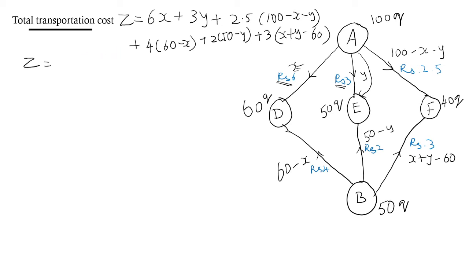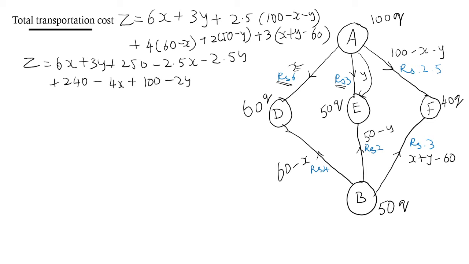Let me further simplify. Z is equal to 6x plus 3y plus 250 minus 2.5x minus 2.5y plus 240 minus 4x plus 100 minus 2y plus 3x plus 3y minus 180.